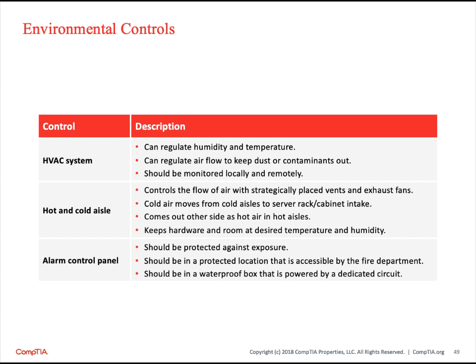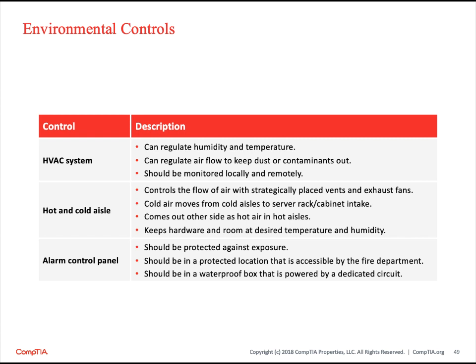And then we have something called a hot and a cold aisle. This will definitely also be on your test. This is a method in which data centers and computer rooms control temperature and humidity, with strategically placed vents and exhaust fans, right?